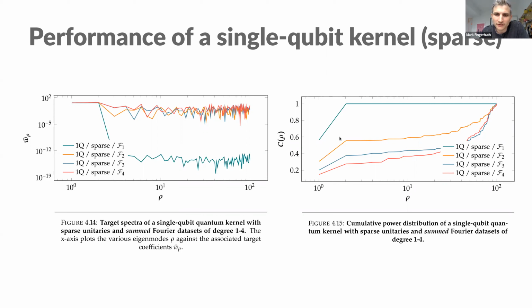Then we can plot the cumulative power distribution, a measure of alignment between kernel and learning task, and this is exactly what we see: a nice separation between them. First of all, the data set of degree 1 sums to 1, because we're able to perfectly learn it, which means there is a high alignment between the task and the model.